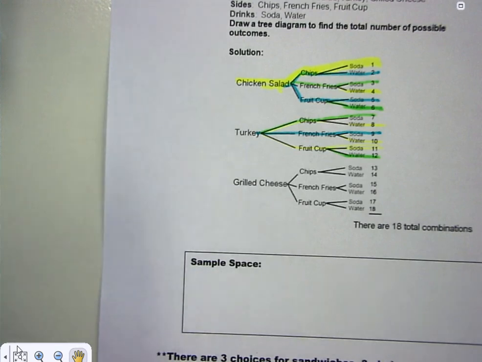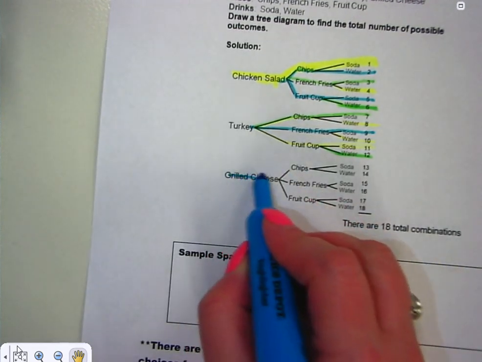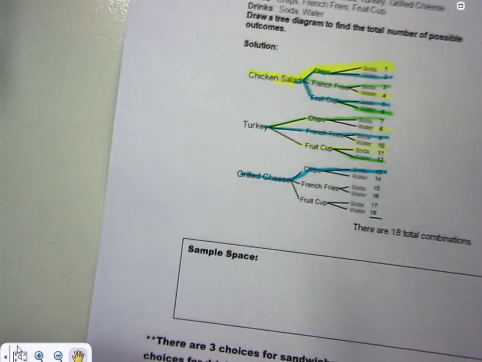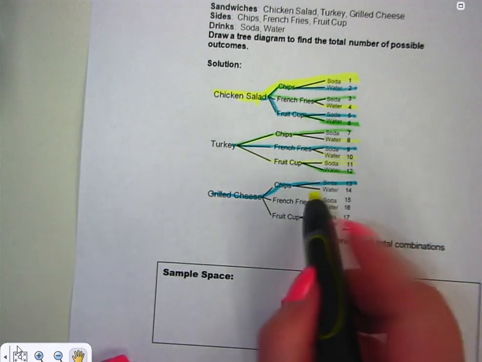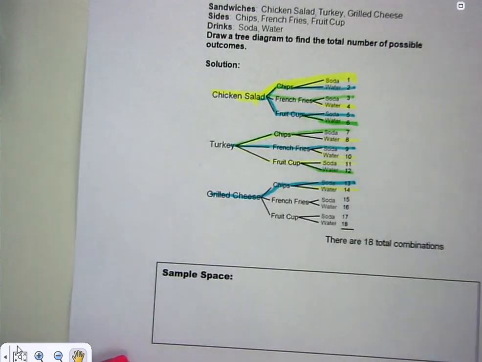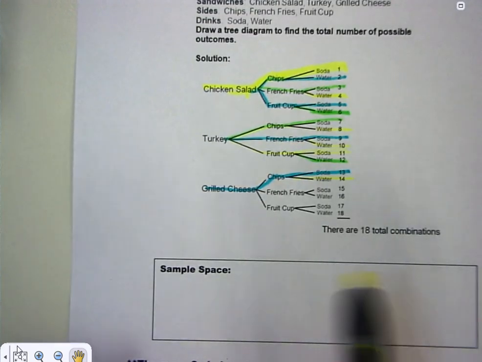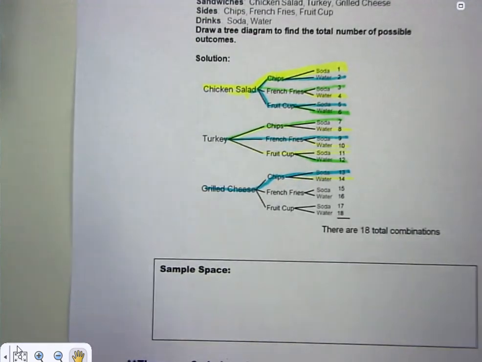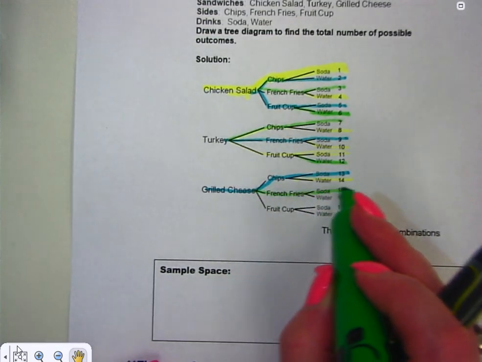And the last thing now, if I want a grilled cheese, I could do grilled cheese, chips, soda. Or grilled cheese, chips, and water. I'm up to 14. Now I could do grilled cheese, french fries, and soda.